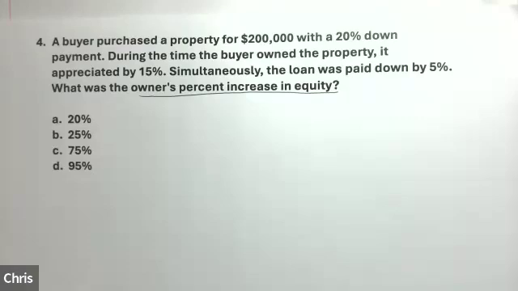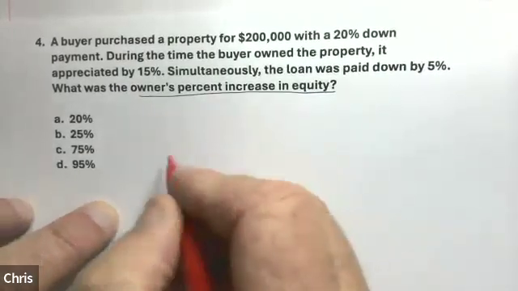Okay, so let's take a look at how all this fits together in this problem, how it's similar to the problems we've been doing, but different. Instead of comparing the profit to what you originally paid, we're going to compare how your equity grew in relationship to your original down payment. So here's what this is going to look like.